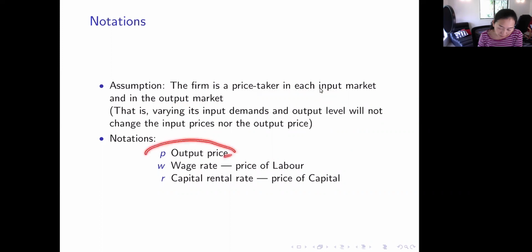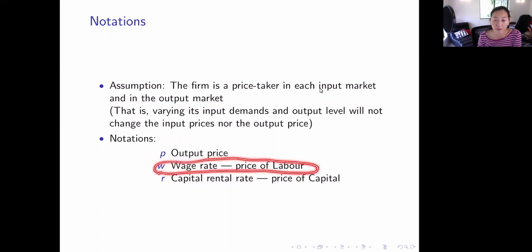So output price is fixed, equal to P. W is the wage rate, or price of labor, also fixed. It is the input price, and R is another input price, the capital rental price, which is fixed as well.